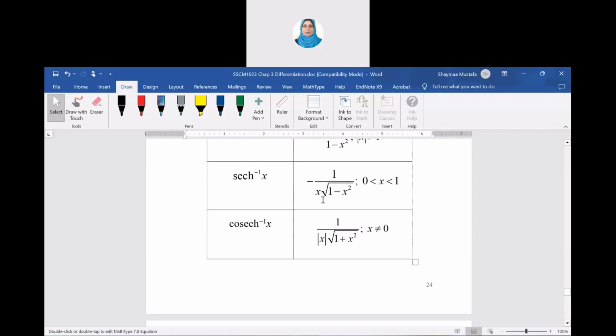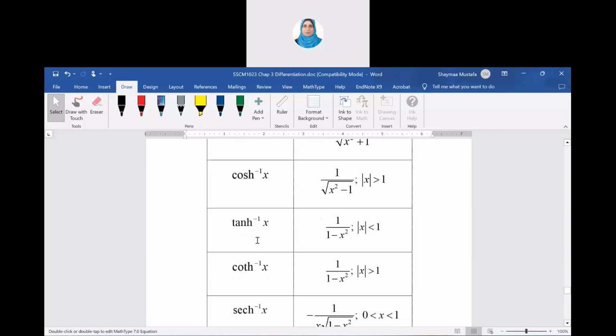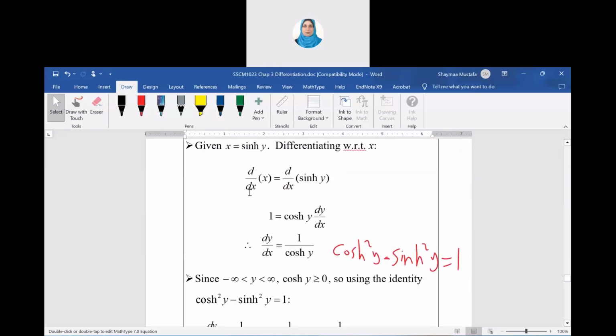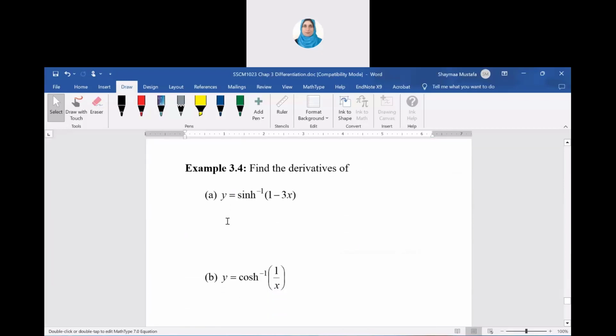Sec and cosec, usually we multiply by x or by the modulus, depending on the value of x. So you can prove the derivative for tan inverse and the derivative for cos inverse by using the same method that we used to prove it for sine inverse.